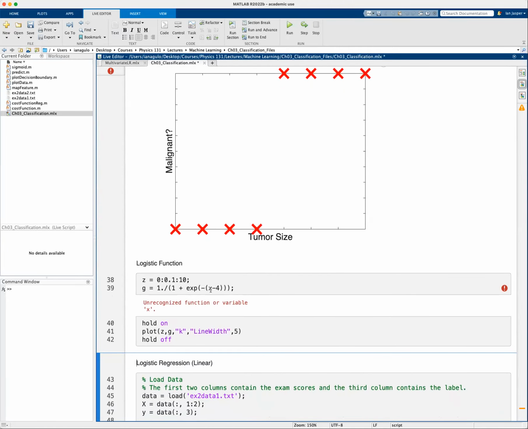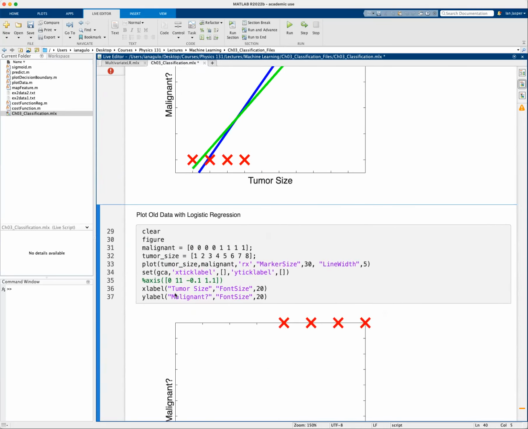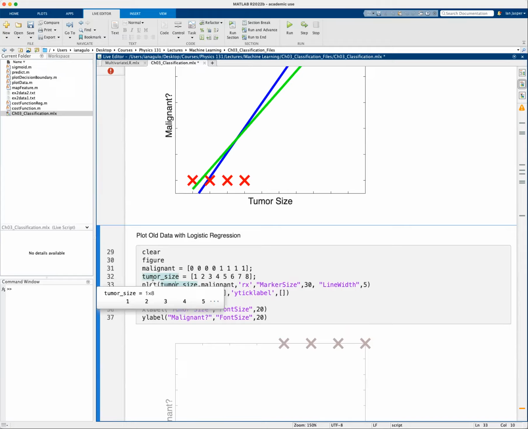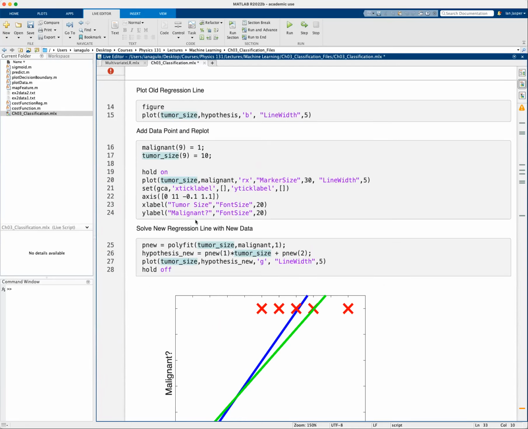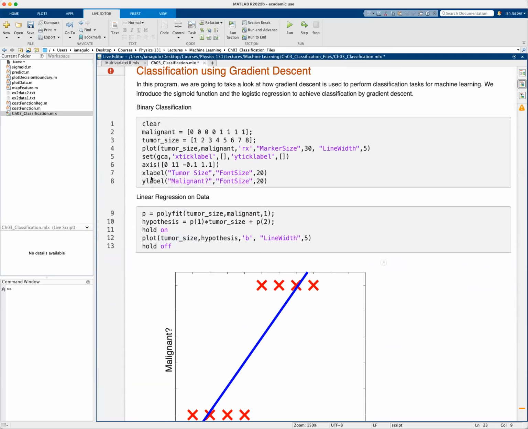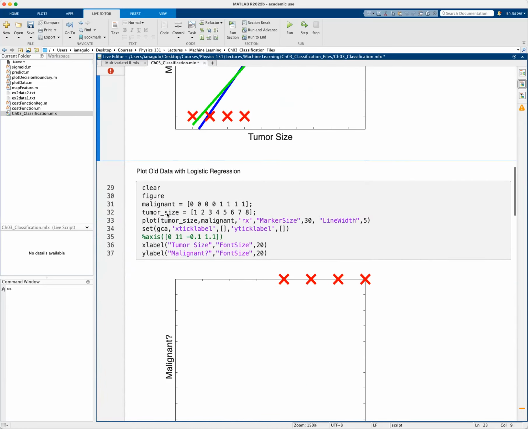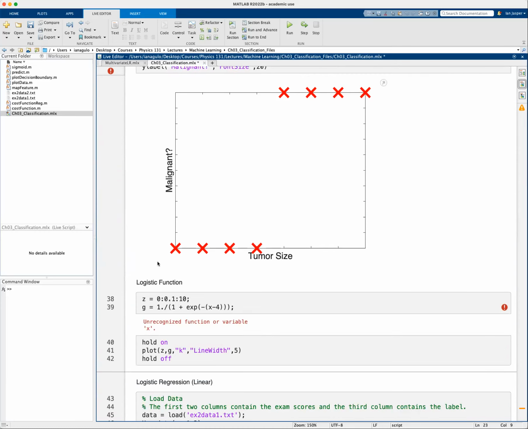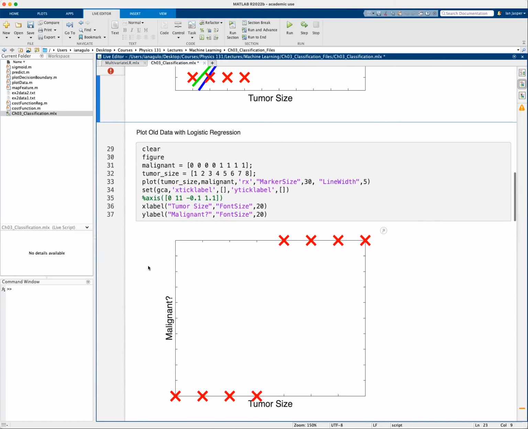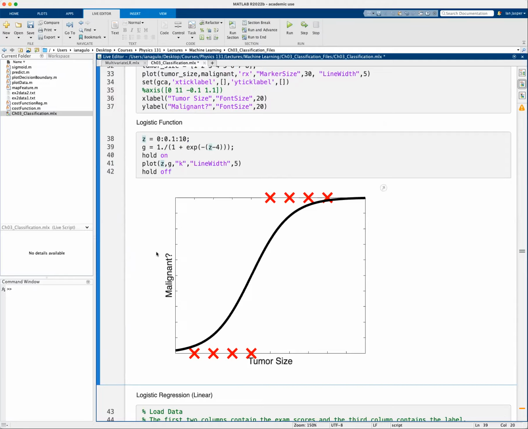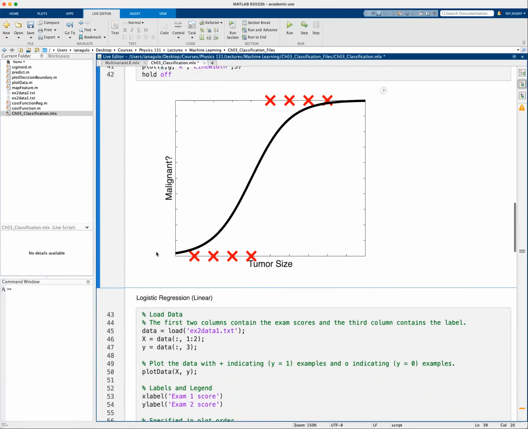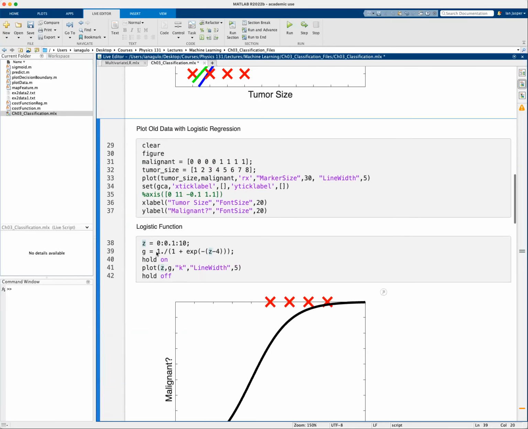Okay, anong error dito? Z kasi. Yan. Okay, so yan naman yung logistic regression.